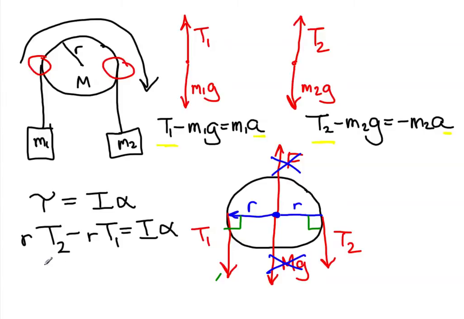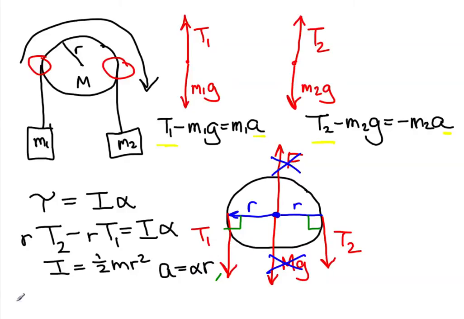Well, we know since this is a solid disk that I is equal to 1/2 M r squared. We know since the rope is not slipping on the edge of the pulley that the tangential acceleration A is equal to alpha r.